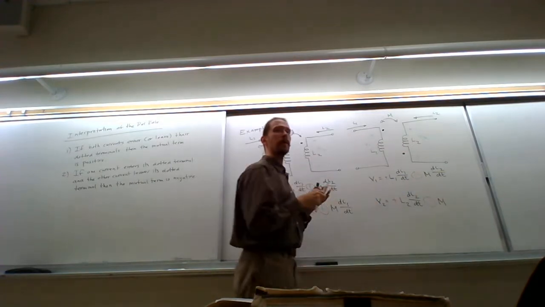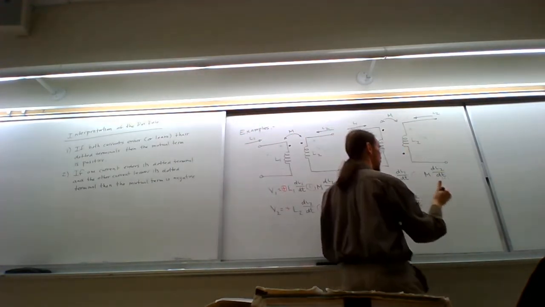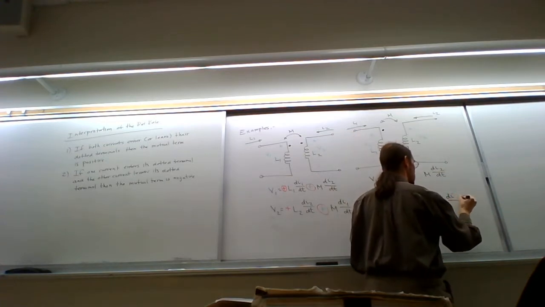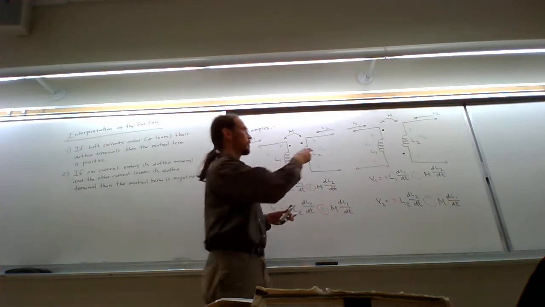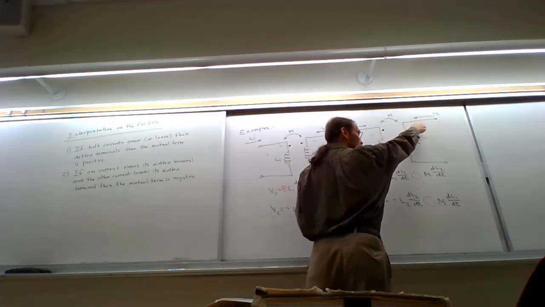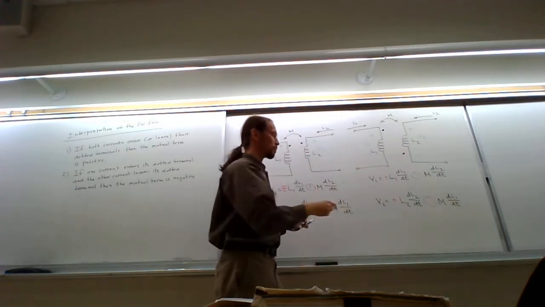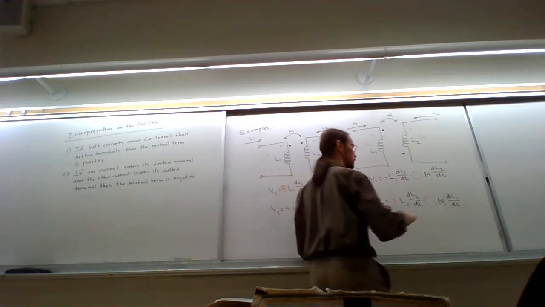And what am I multiplying that by? di1 dt, because it is this one that's generating the magnetic field and magnetic flux. Now, this one is entering its dotted terminal. This one is leaving its dotted terminal, which means, who can tell me what the sign on that is? It is minus.